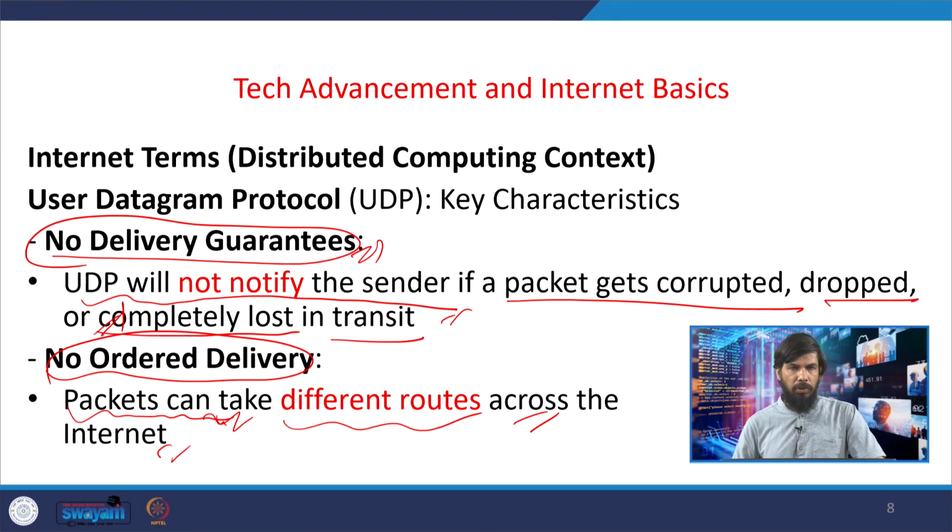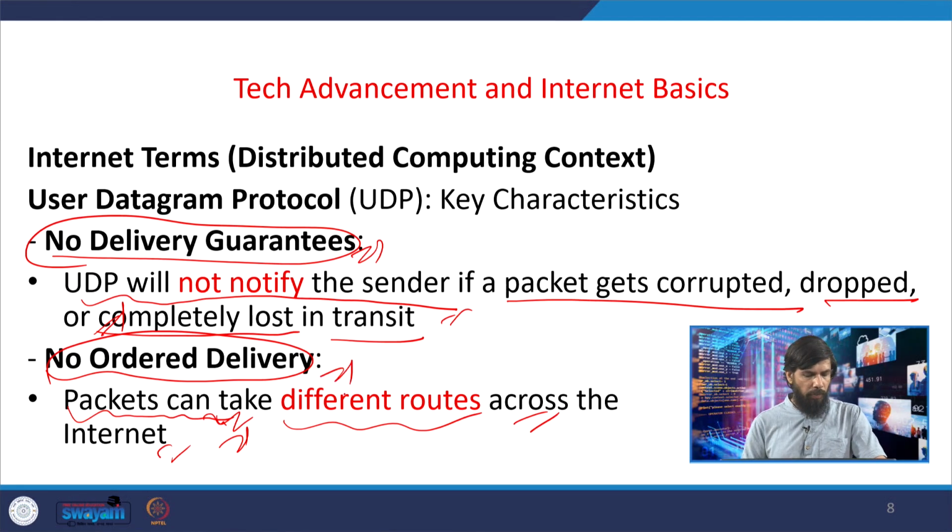Therefore the applications for which UDP will be used will also be in an environment where even if the packets come out of order, it doesn't affect the output, it doesn't affect the processing that is happening for those applications.